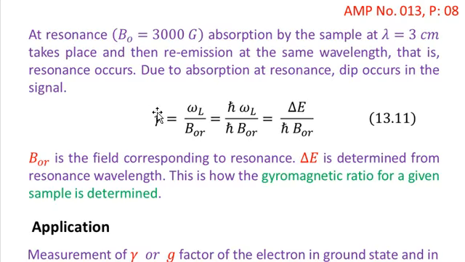And you know that the resonance condition is gamma equal to omega L over B naught R. This is B naught, and we have used an additional subscript R, which stands for the resonance magnetic field B naught.